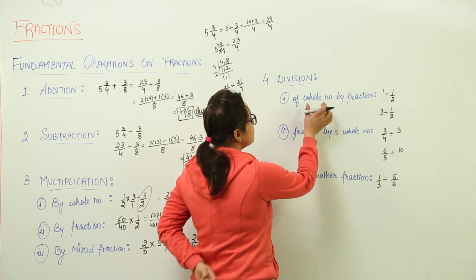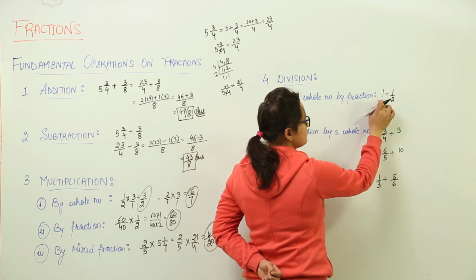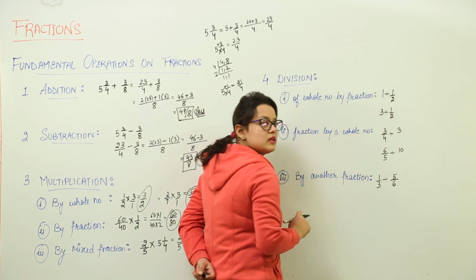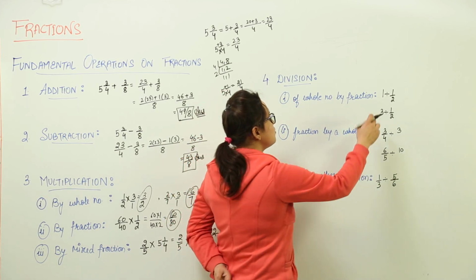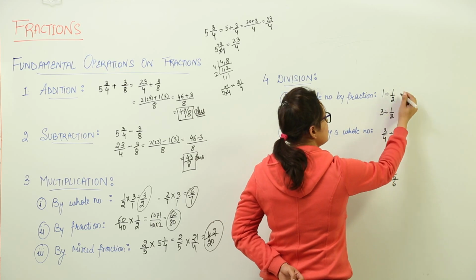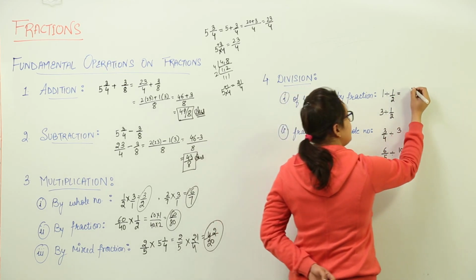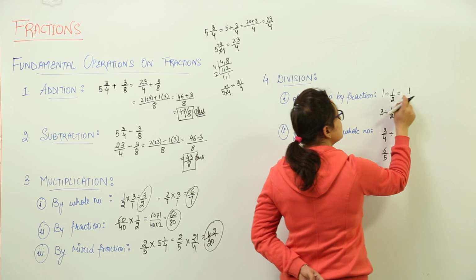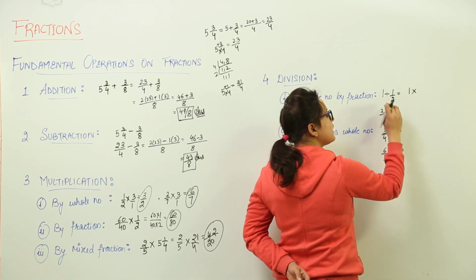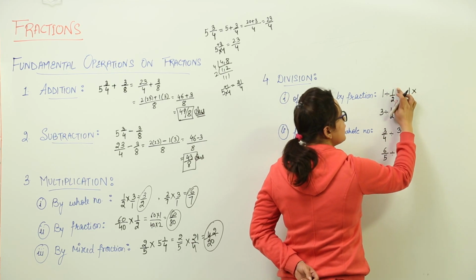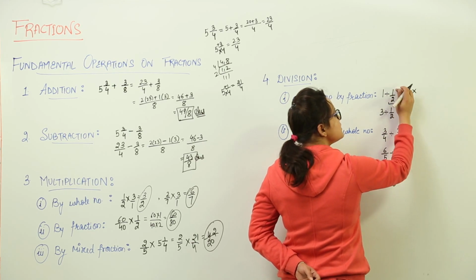In division we will divide a whole number by a fraction. That means this is my whole number 1. It is not having a denominator other than 1. Right? This is a whole number divided with a fraction. Now how to do this? We will write the first number as it is. The division sign gets converted into multiplication sign and the next value, whatever it is, gets reciprocated.